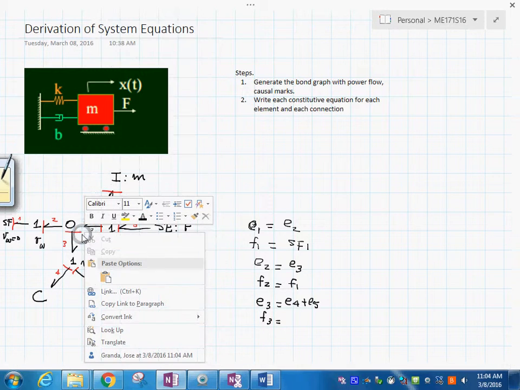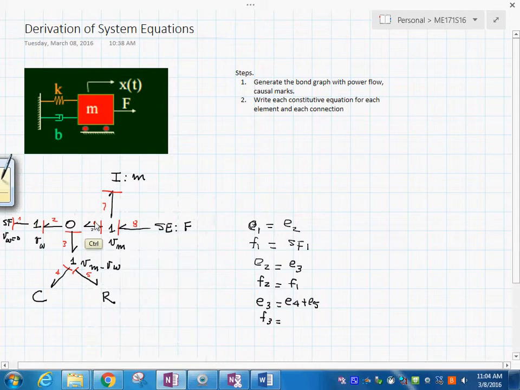And we have E sub 4 equal to 1 over C sub 4 times q sub 4. And then F sub 4 is equal to F sub 3 because of this.